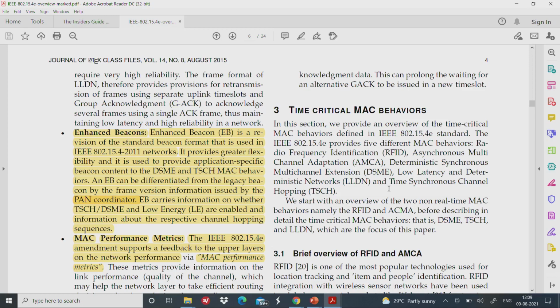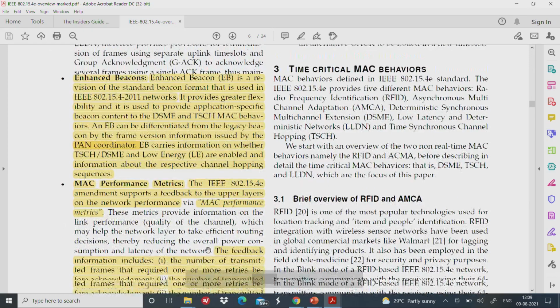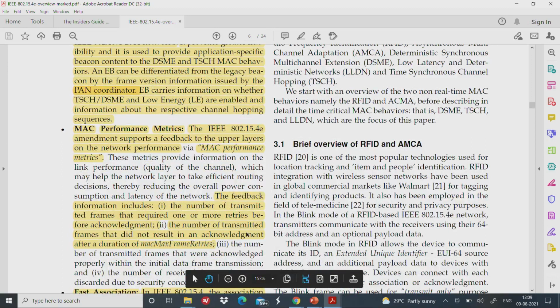Also there is MAC performance metrics which are supported by just the feedback. You can basically infer the number of transmitted frames that require one or more retries for acknowledgement, the number of transmitted frames that did not result in an acknowledgement during a term called MAC max frame retries and so on.